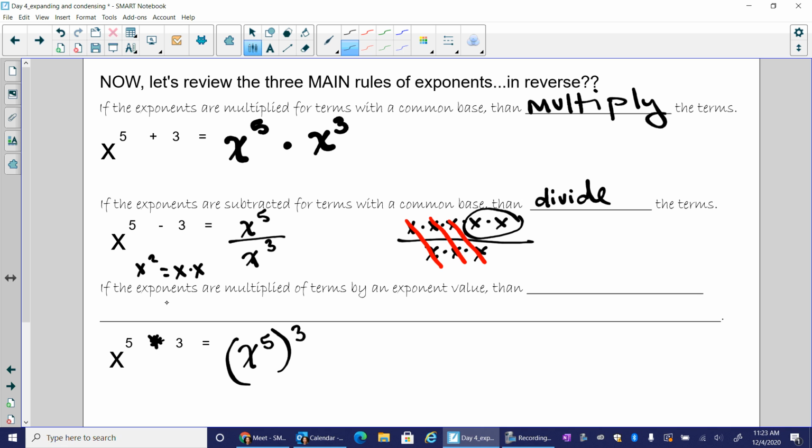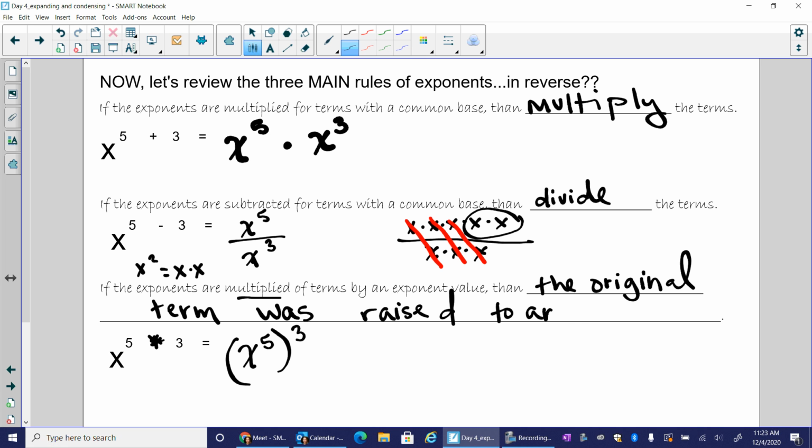So if exponents are being multiplied, then the original term was raised to another power. Exponent to an exponent. Do we remember these things? I sure hope so.